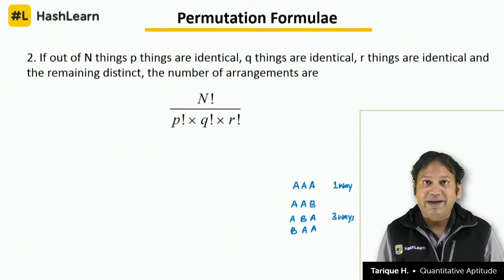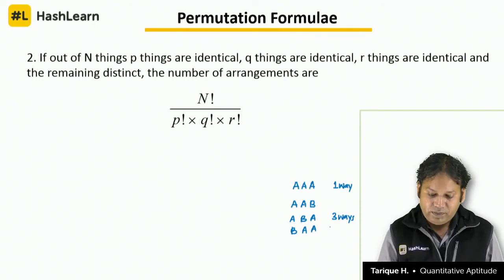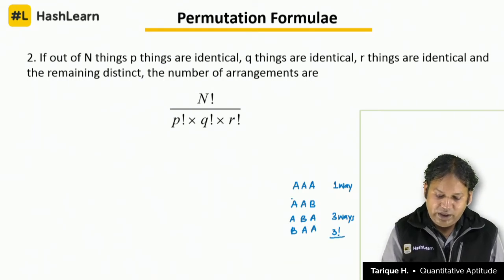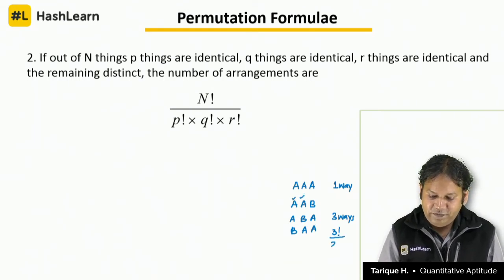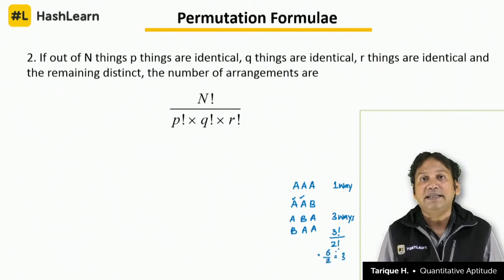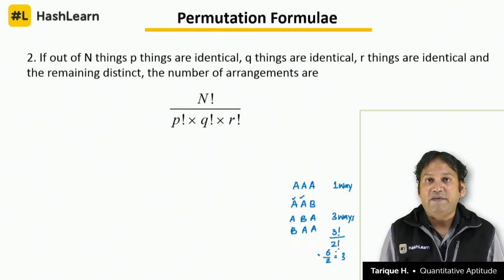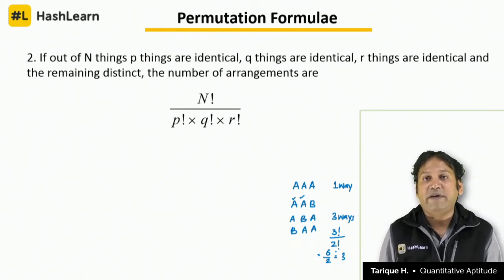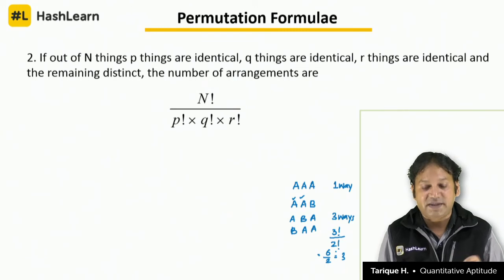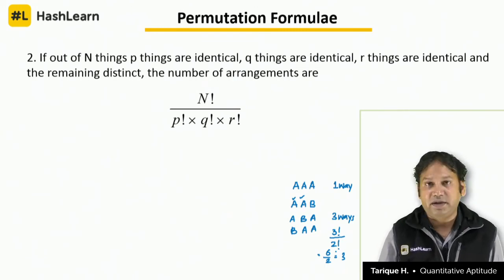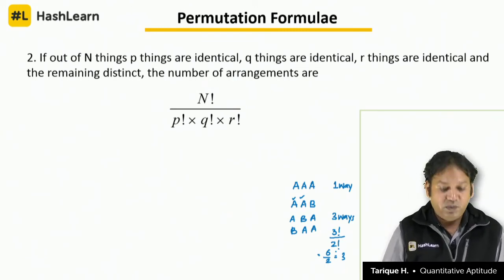If all the 3 were distinct, we would have got 6 ways, that is 3 factorial, but there are 2 A's that are repeating. So, divided by 2 factorial, 6 by 2 is equal to 3. So, what we should do when things are identical, we should divide the total factorial by the factorials of the number of things which are the same, not just digits or letters, but things which are same.